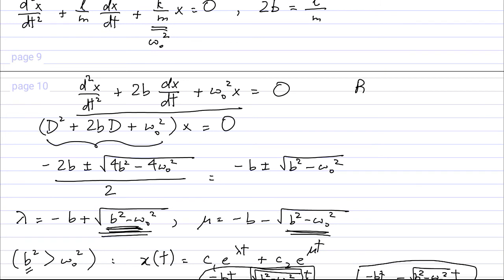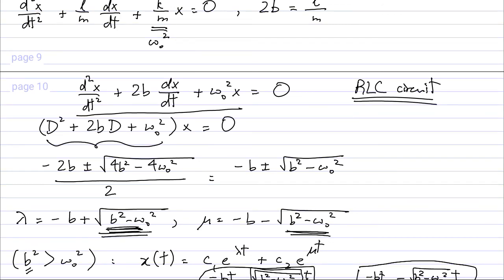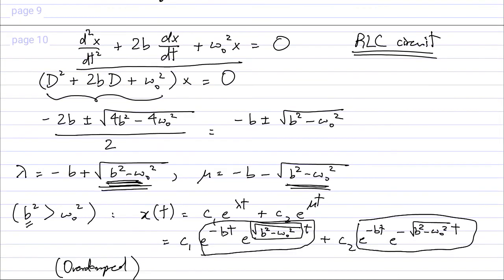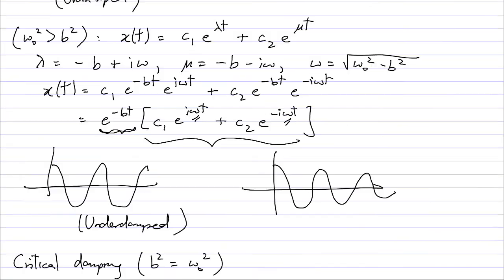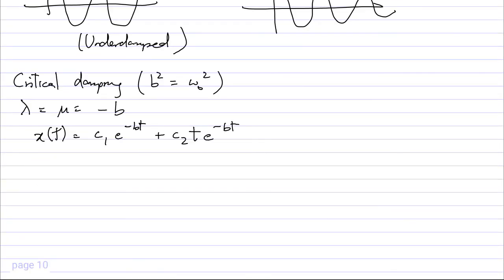For example, if you are analyzing an RLC circuit, you see exactly the same differential equation. So the importance of this simple differential equation is not just restricted to analyzing blocks attached to springs. It occurs in many different scenarios, so you have to be good at recognizing the forms of solution that you can have with such a differential equation.